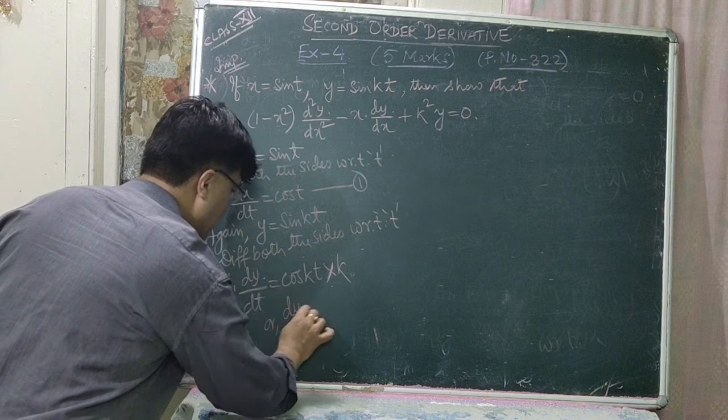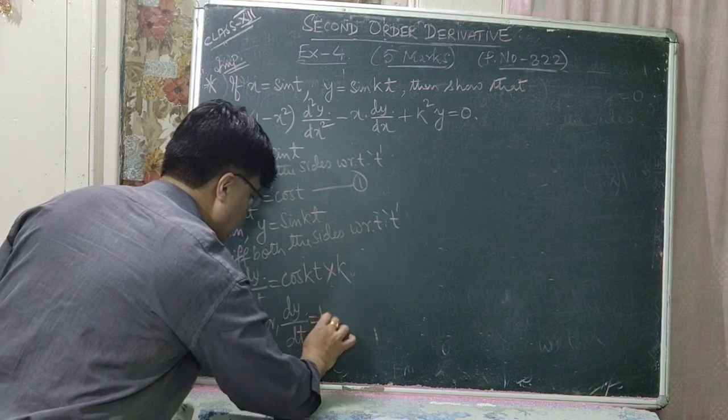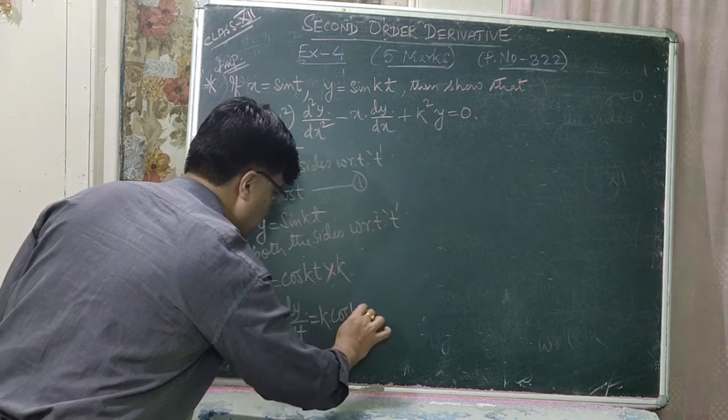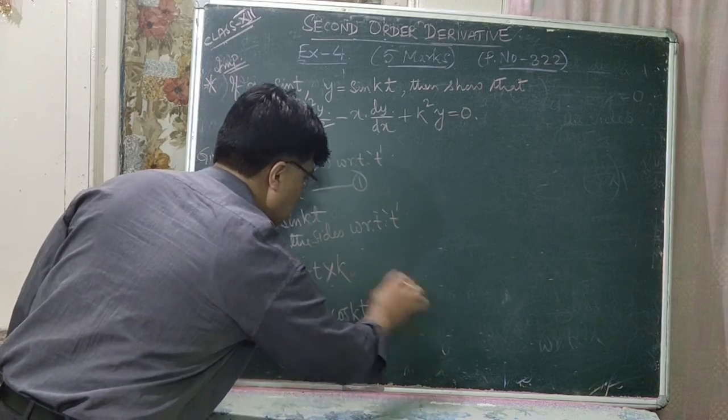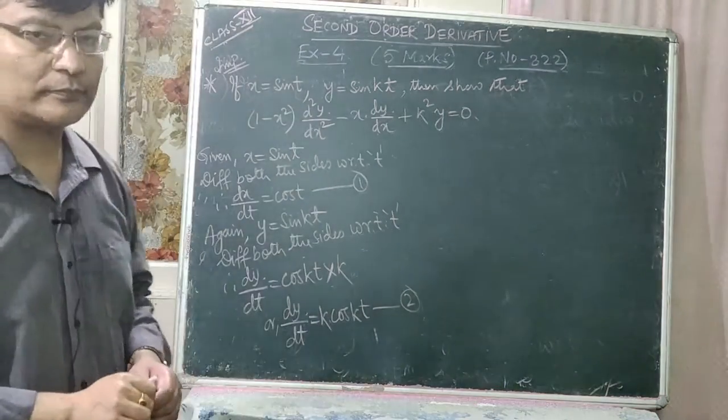Or this is your dy by dt is equal to k into cos kt. So let us mark it as number 2.